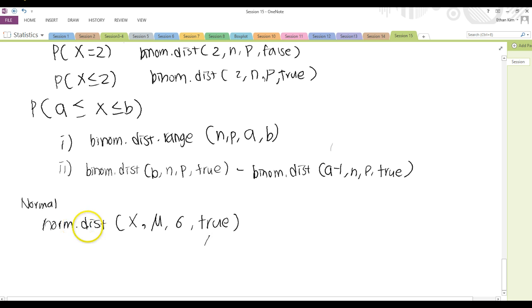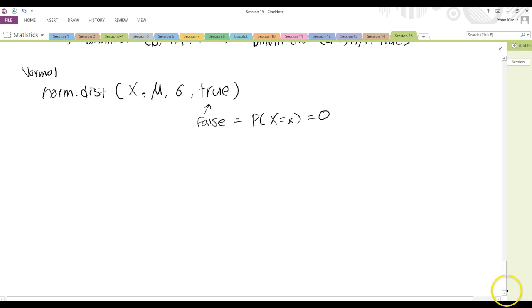And it's always true, because whenever you put in false, it's going to give you probability x equals little x, and this is always 0. So there is no meaning behind it if you put in normal distribution with the probability mass function. We call this probability mass function when x is equal to something, but we are not interested in that.